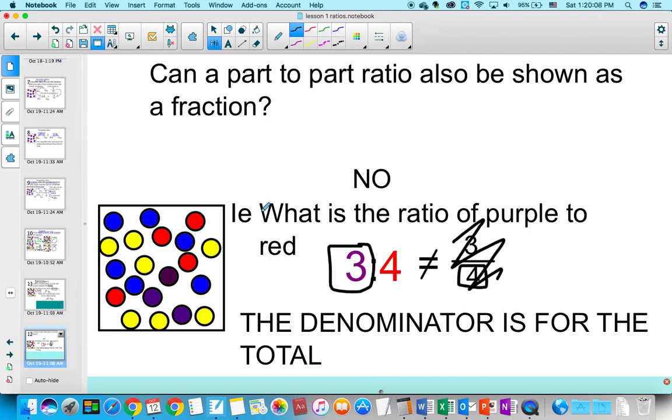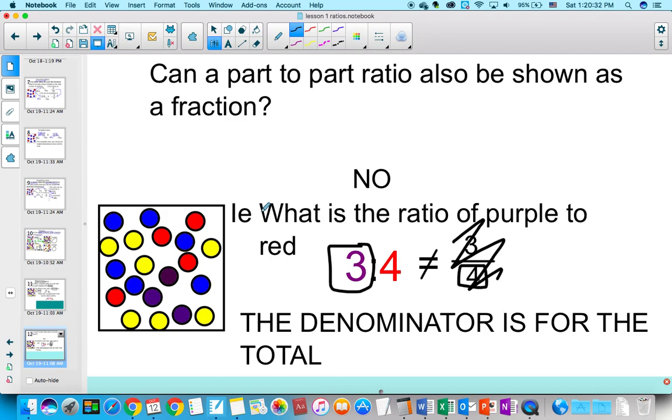You want part-to-whole ratios; those can be turned into fractions. And part-to-part ratios don't get turned into fractions. And so again, the safe rule is only turn a ratio into a fraction if the question asks for it. If the question says, "Hey, turn this into a fraction," then you're probably dealing with a part-to-whole ratio already.